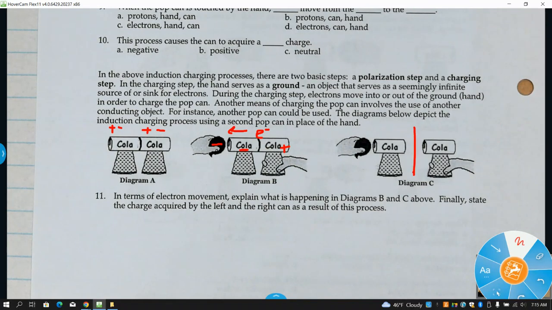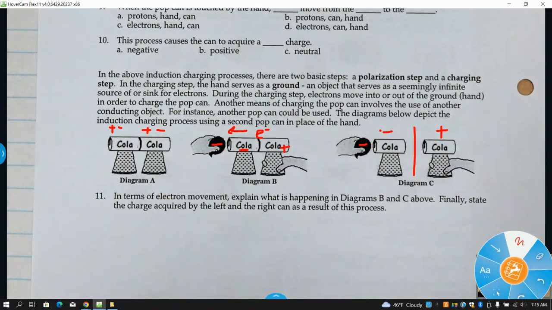And then when you separate them, that negative charge was still closer over here, and this side would be more positively charged. This is, again, charging by induction, and that's kind of what's going on with the polarization of this. Polarization is the molecules themselves orienting themselves in a different way, where the negatives are more attracted towards that.